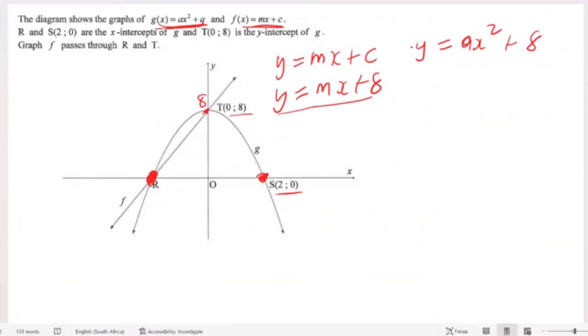Able? All right. And Kerry, you were saying we should find the equation for a straight line.